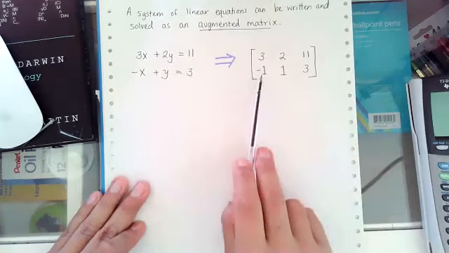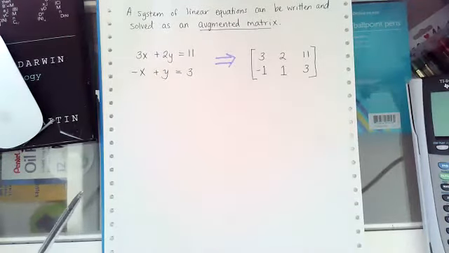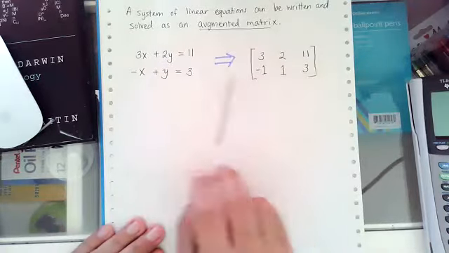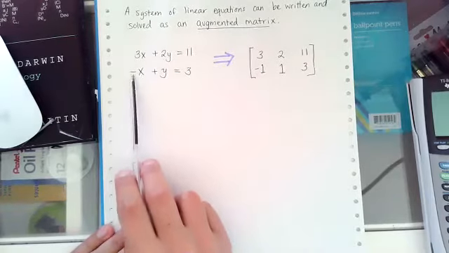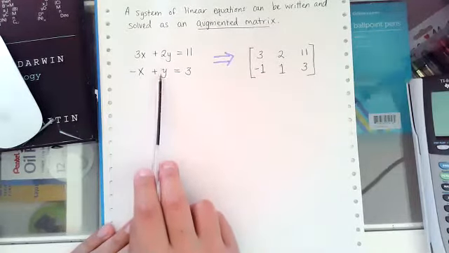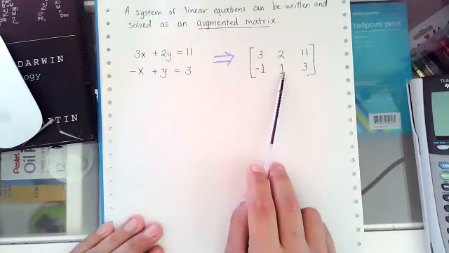Is anybody confused why I wrote -1 and +1 here? Okay. Well, I wrote the -1 here because the coefficient in front of this x is -1, and the coefficient in front of this y is a +1. So we went ahead and stored that information in our matrix. Does that make sense? Okay.